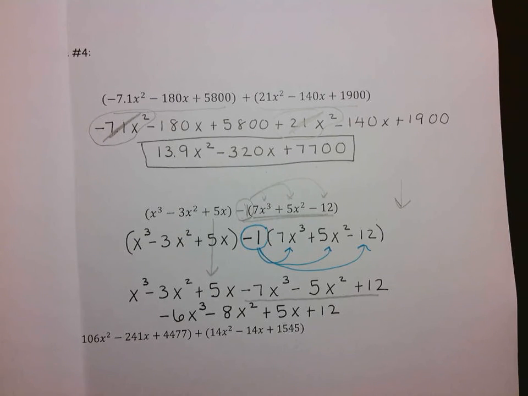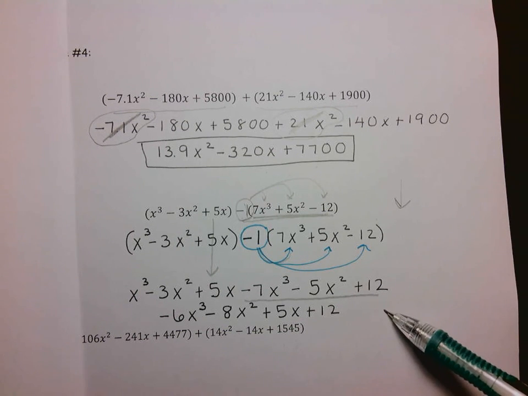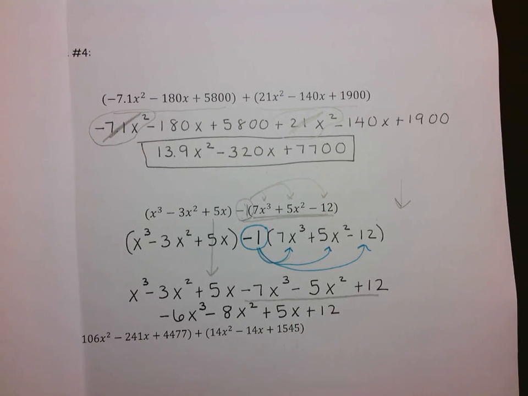And then after I distributed out this negative 1 to each term inside the polynomial, I went ahead and started to combine all of my like terms, and then just like I did up here, go through and combine all of your like terms. Don't forget to cross off the terms as you combine them so you don't lose track of what you're doing, and then make sure your answer is in standard form at the end.